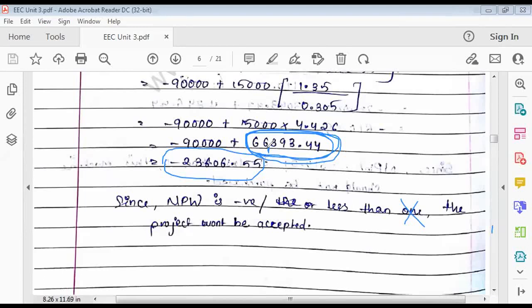That is the equivalent, if the rate of interest is 13% compounded annually.